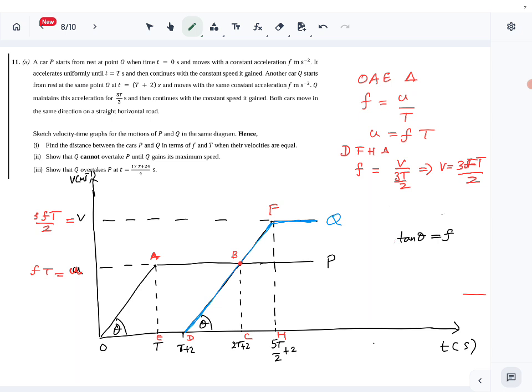So now this part, FH and BCIH part, both have the same distance.